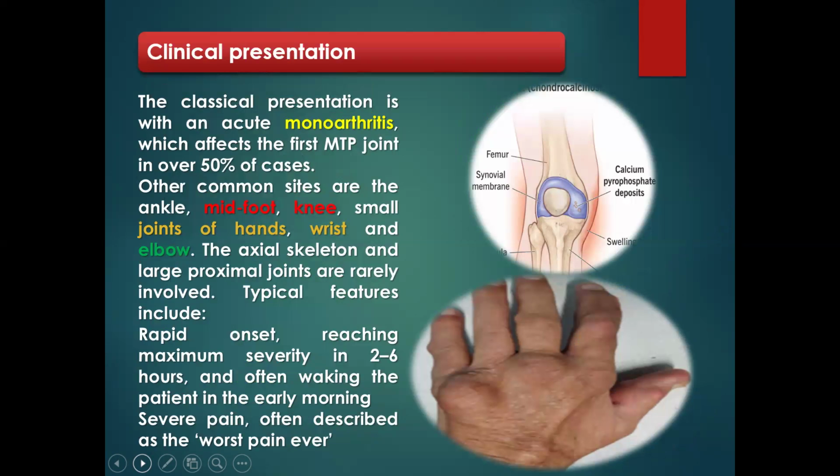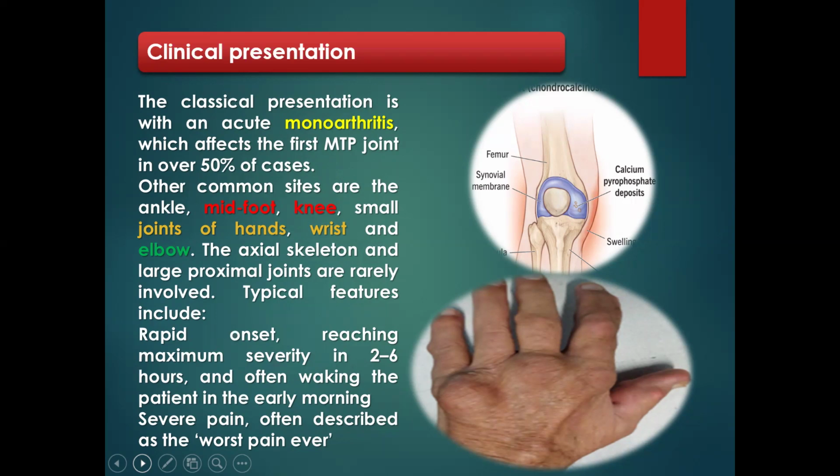Other typical features: the axial skeleton and large proximal joints are rarely involved. That is, the spine and the hips may not be involved. Rarely would you find pseudogout or gout affecting the hip joint and the axial skeleton.